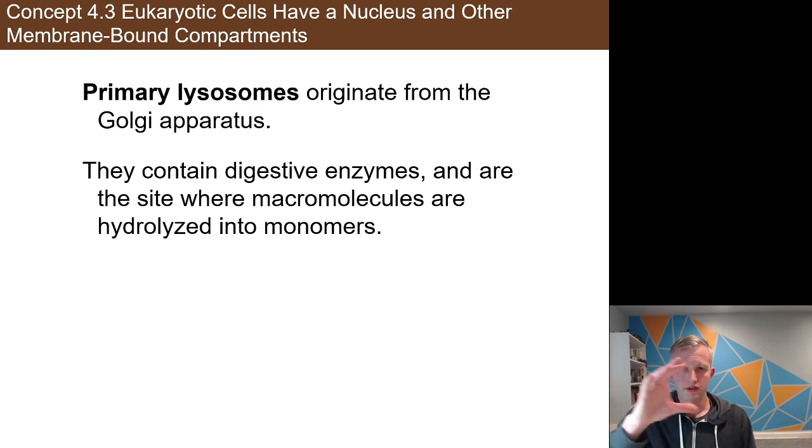But as pieces of that Golgi bud off into their own little vesicles, those vesicles may contain the ingredients to sort of be a lysosome, the digestive enzymes that were produced by the ribosome, sent to the ER, delivered to the Golgi, packaged together and allowed to form this little bubble of phospholipids. That's what a lysosome is. It's a piece right off of the Golgi.